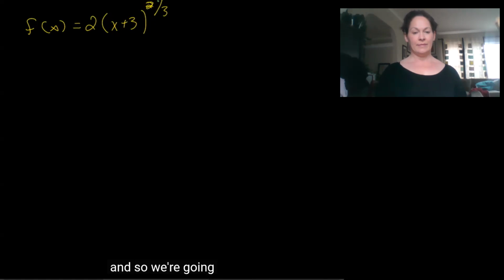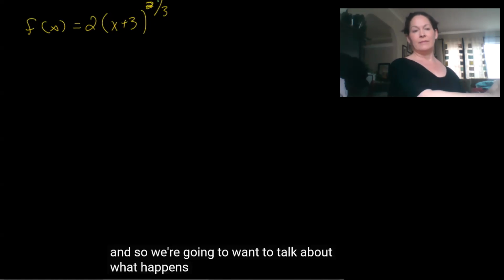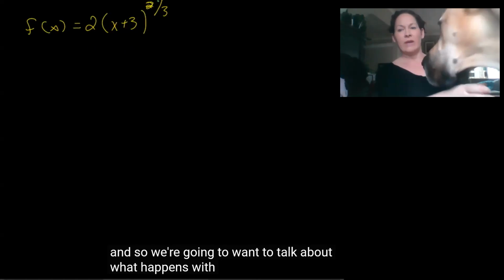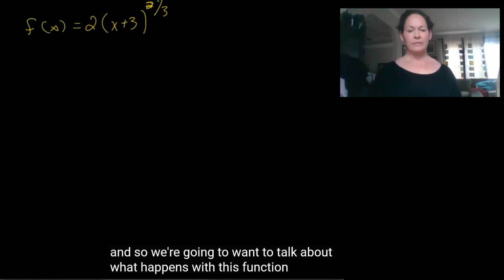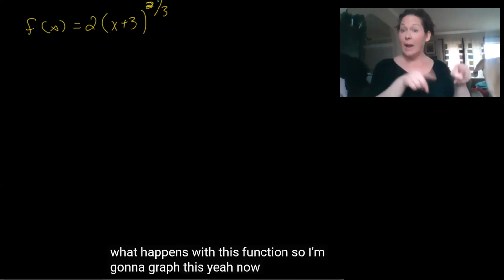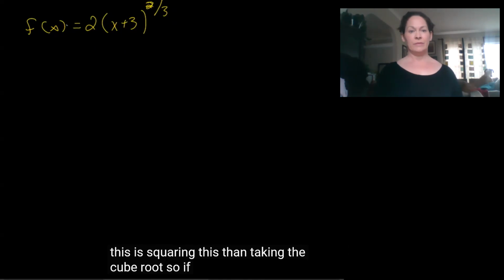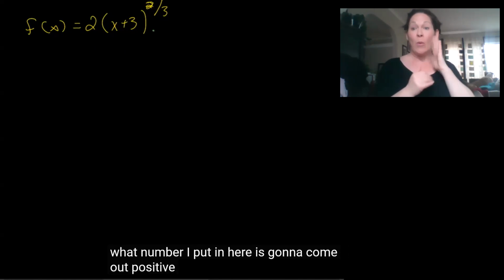And so we're going to want to talk about what happens with this function. So I'm going to graph this. Now we have to say this is squaring this, then taking the cube root. So if I square this, no matter what number I put in here, it's going to come out positive.